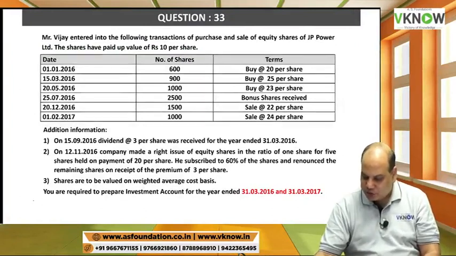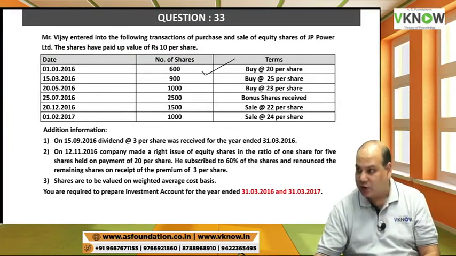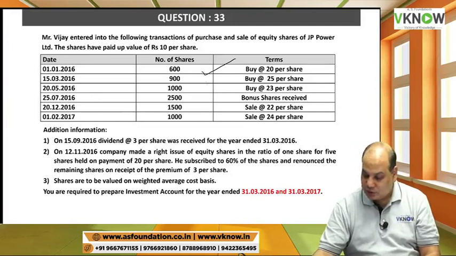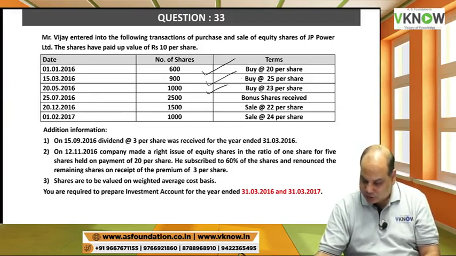You have purchased 600 shares at 20, 900 at 25, 1000 at 23, bonus shares at zero cost. And these two are sale transactions.